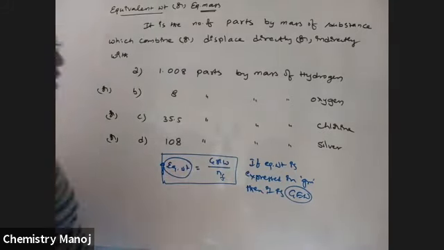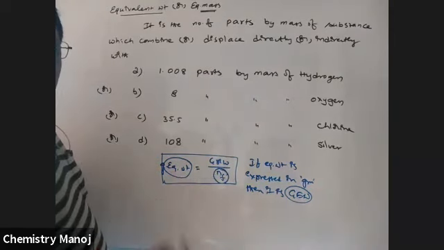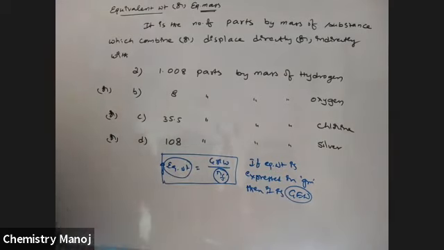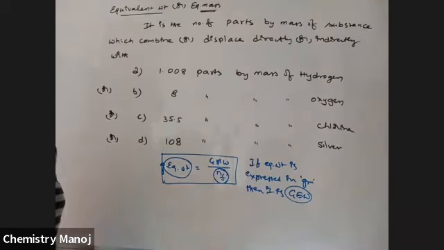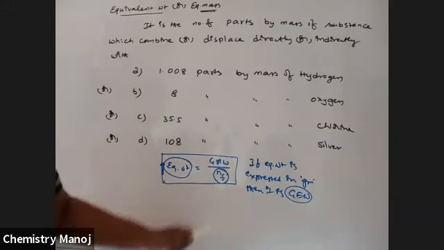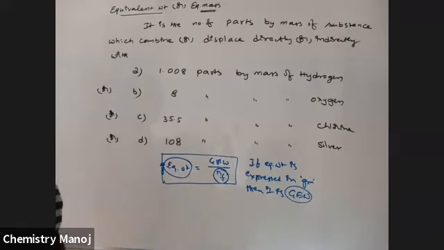So whatever you want to calculate, you should know about the n factor. How to identify the n factor of a particular chemical is very, very important. If you know the n factor, it is easy to calculate equivalent weight: equivalent weight is equal to molecular weight divided by n factor.